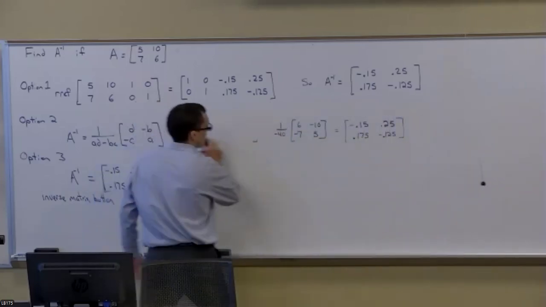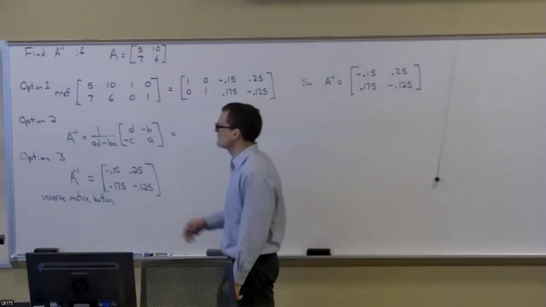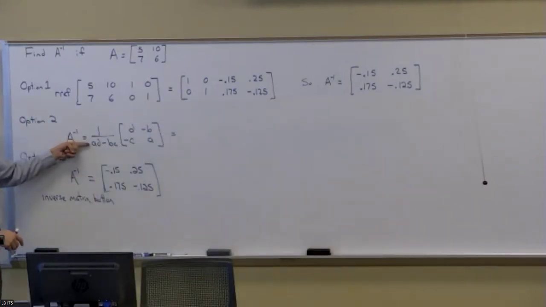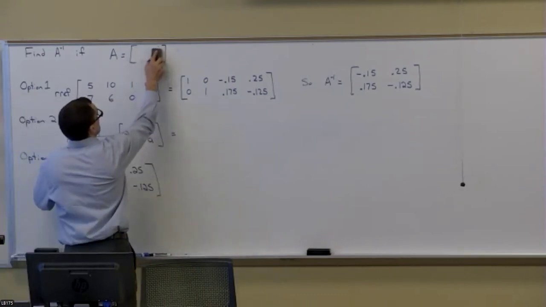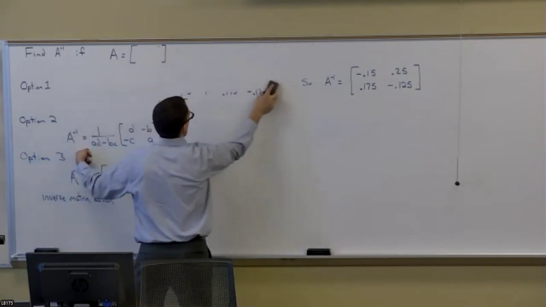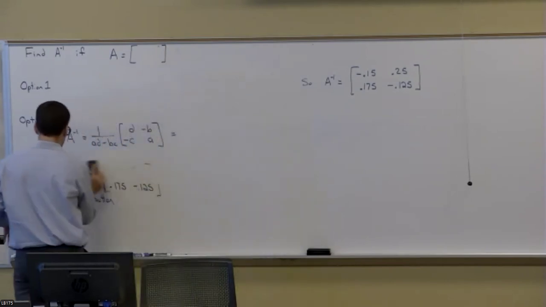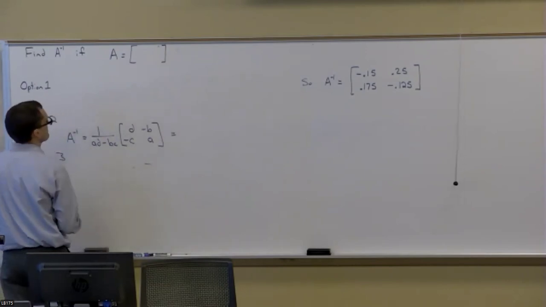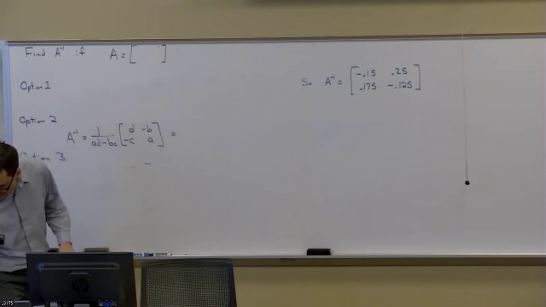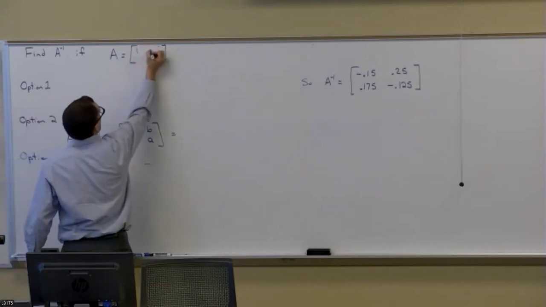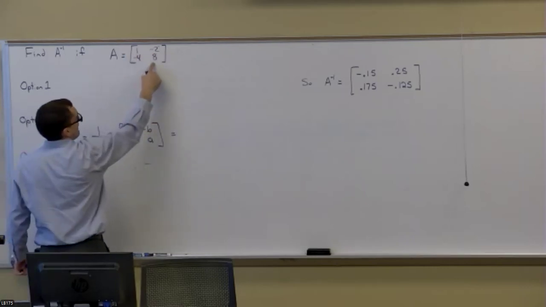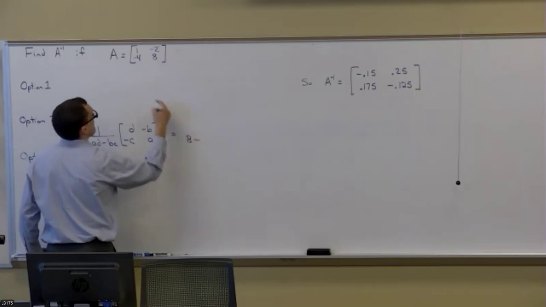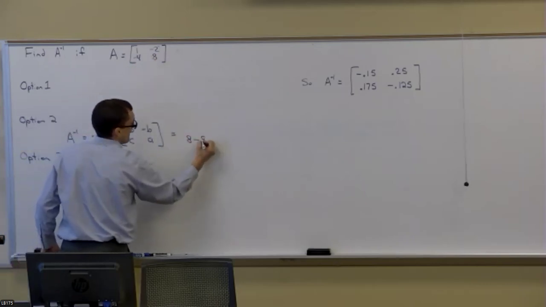So if you think about this second option, it's kind of clear that this AD minus BC cannot be 0. If we had the matrix 1, -2, -4, 8, AD would be 1 times 8. -4 times -2 is also 8.